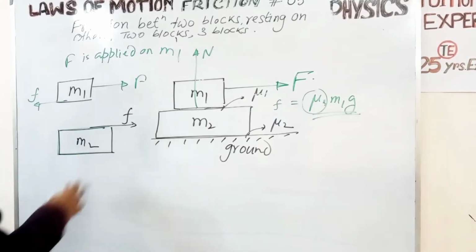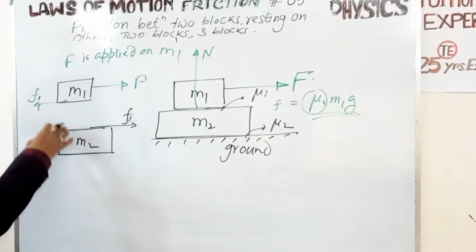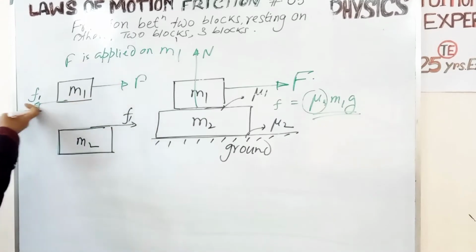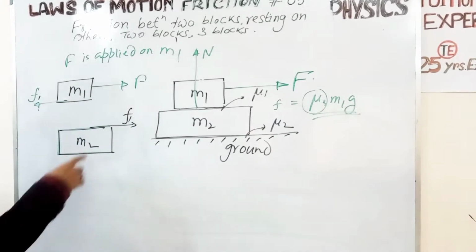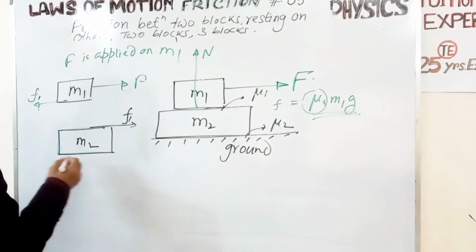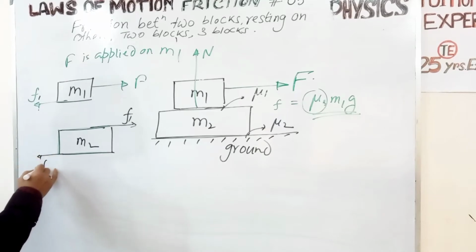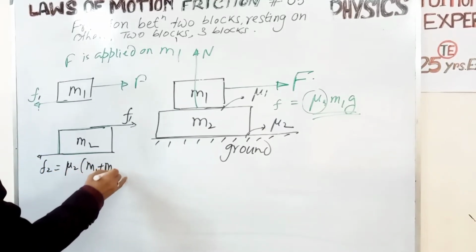If this is the opposing force, then this force is the driving force for m2, so m2 will move due to this force. Here the friction force F2 equals mu2 into (m1 plus m2)g.